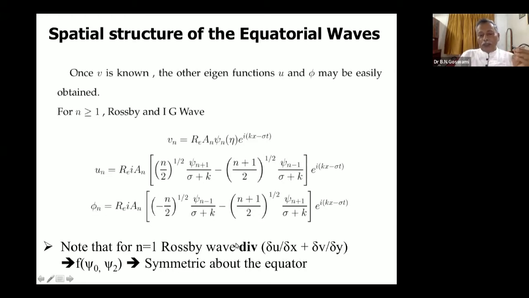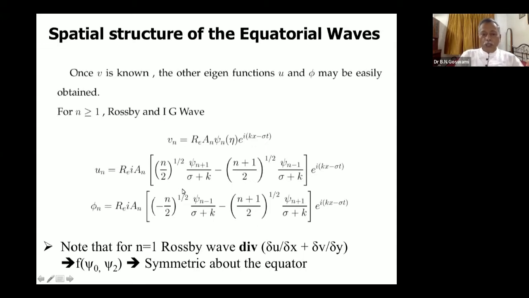Now, to find the divergence of this, you have to differentiate U with respect to X, del U del X, and V with respect to Y, del V del Y. So V has to be differentiated with respect to Y, and when you differentiate these Hermite functions once, the antisymmetric function will become symmetric.